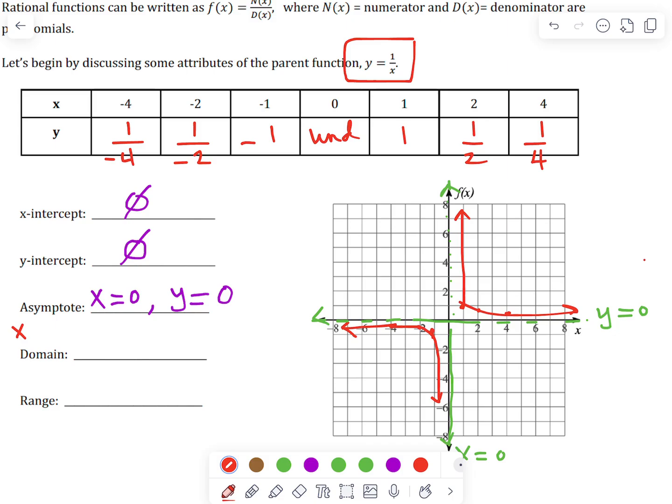So we say from -infinity to just before 0, or right after 0 to infinity. And then the range is our y, so it's that horizontal asymptote. So it's everything from -infinity to just before 0, or right after 0 to +infinity.